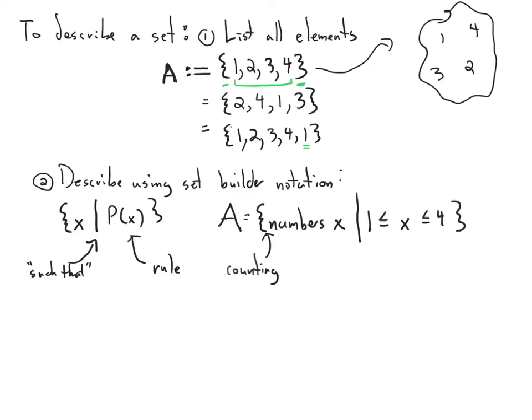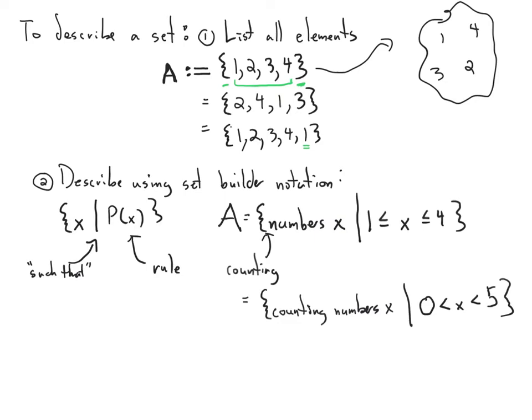And again, you could describe this in a little bit different of a way. In fact, you could describe it in many ways. So counting numbers x, such that maybe we could write it like this. 0 is less than x is less than 5. So it's all counting numbers that are strictly greater than 0 and strictly less than 5.